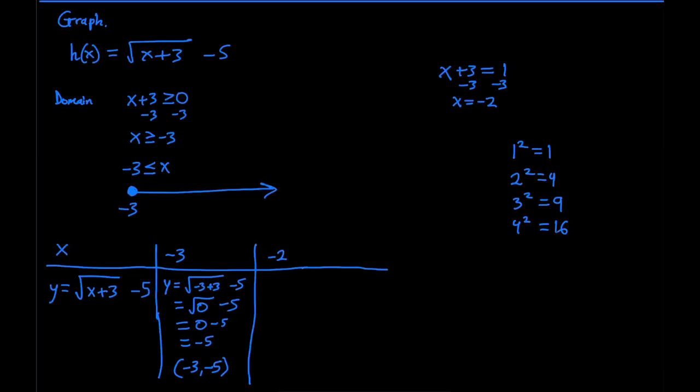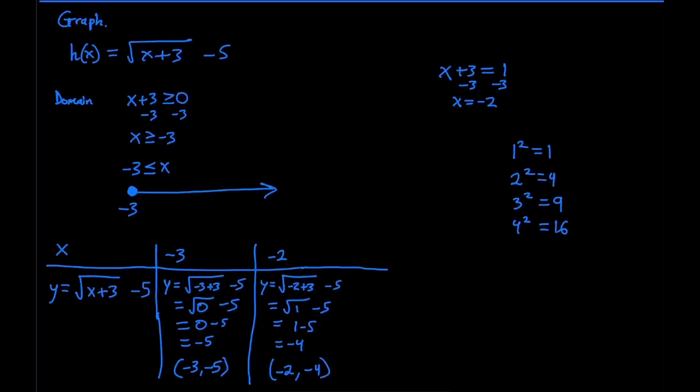And when you do that, and you put the -2 underneath the radical where the x is, this turns into a 1. And so the square root of 1 is 1. And you got -4. So the next ordered pair where we have integers is -2, -4.